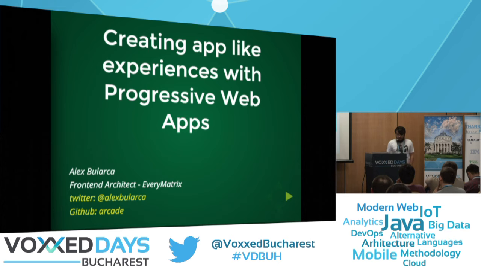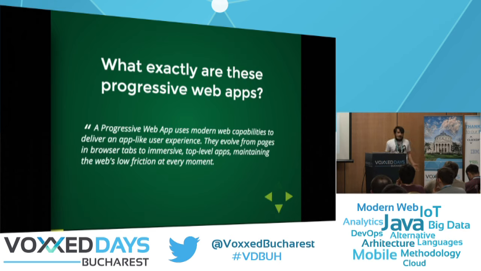So, what are progressive web apps? Well, a progressive web app is an application that embraces progressive enhancement to provide the user with an app-like experience by supporting offline mode and being very performant in bad environments such as on 3G connections or edge connections. And it basically maintains the low friction between the app and the user at every moment.